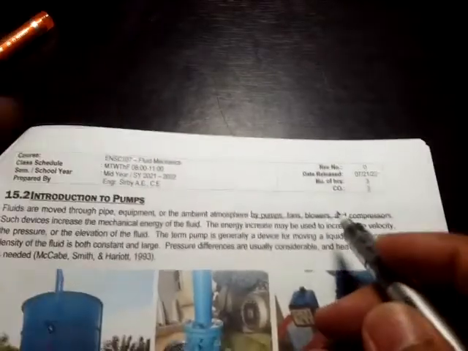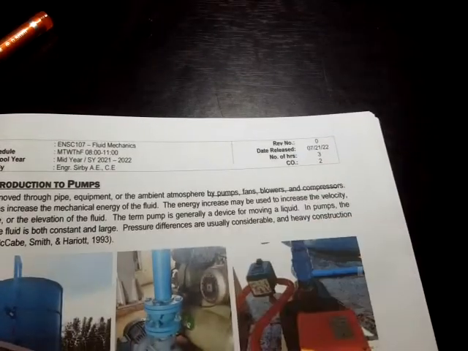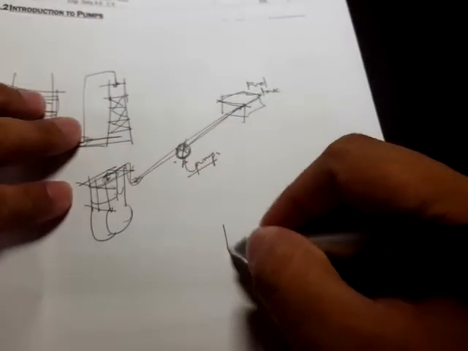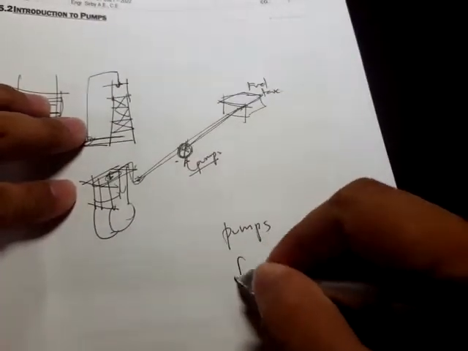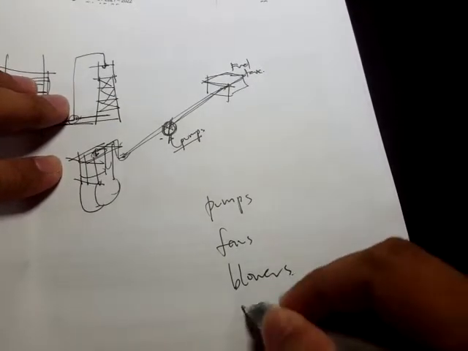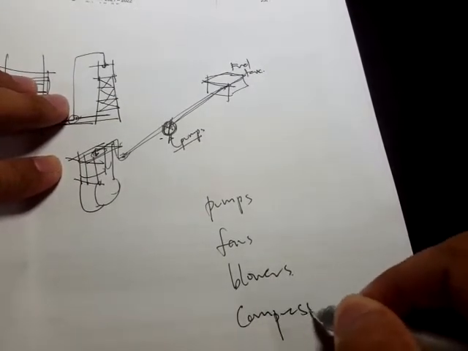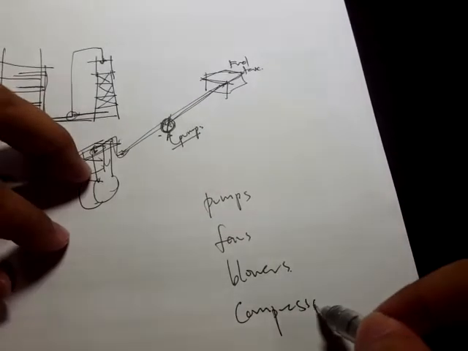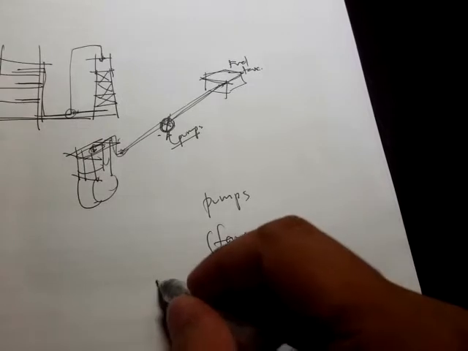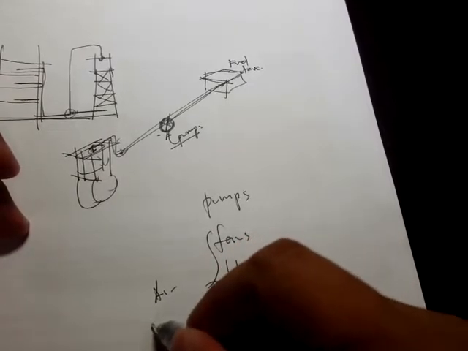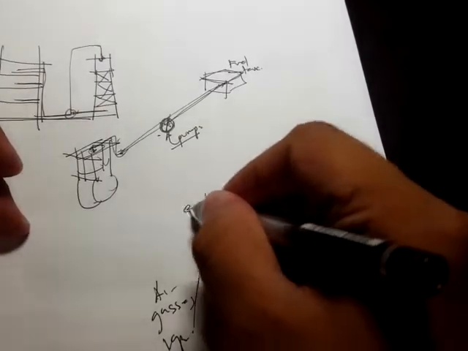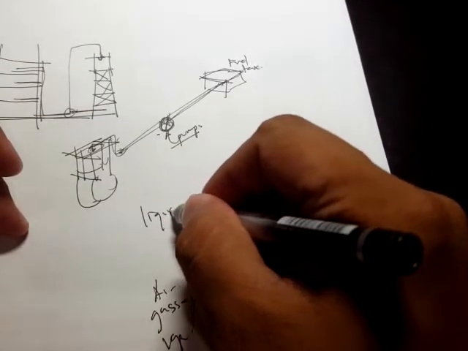Recall that we mentioned in our previous topic that these are fluid moving devices. When we say fans, blowers, and compressors, they're usually for air or, let's say, vapors or gases. But pumps are for liquids.